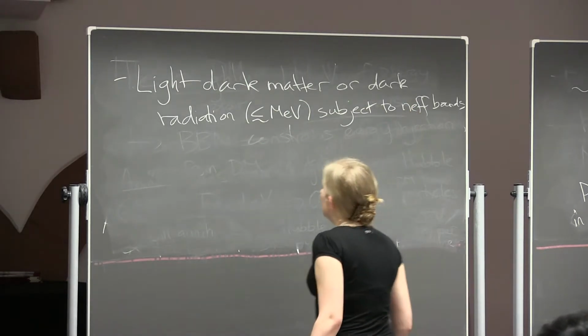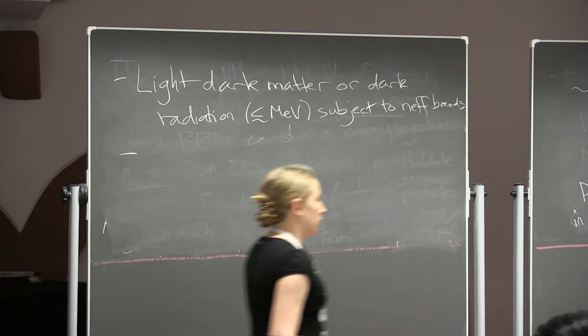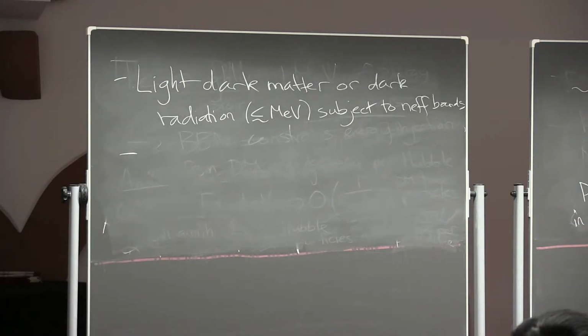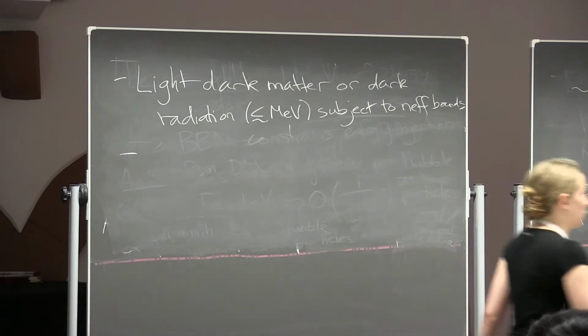The other way that these constraints can affect the dark matter is if the dark matter annihilates away dominantly into neutrinos or dominantly into photons, then it can change the relative temperature of the photons and neutrinos. And that will also perturb this N_eff calculation.